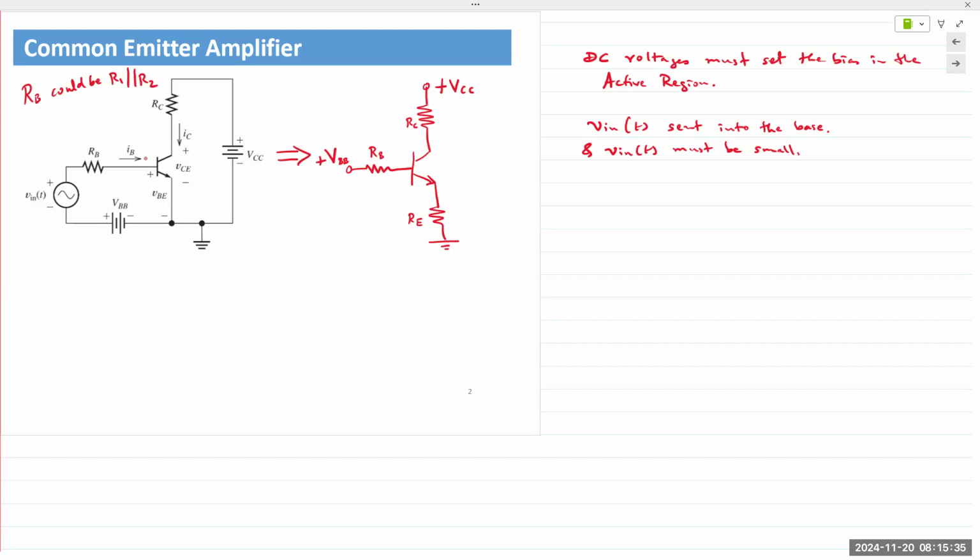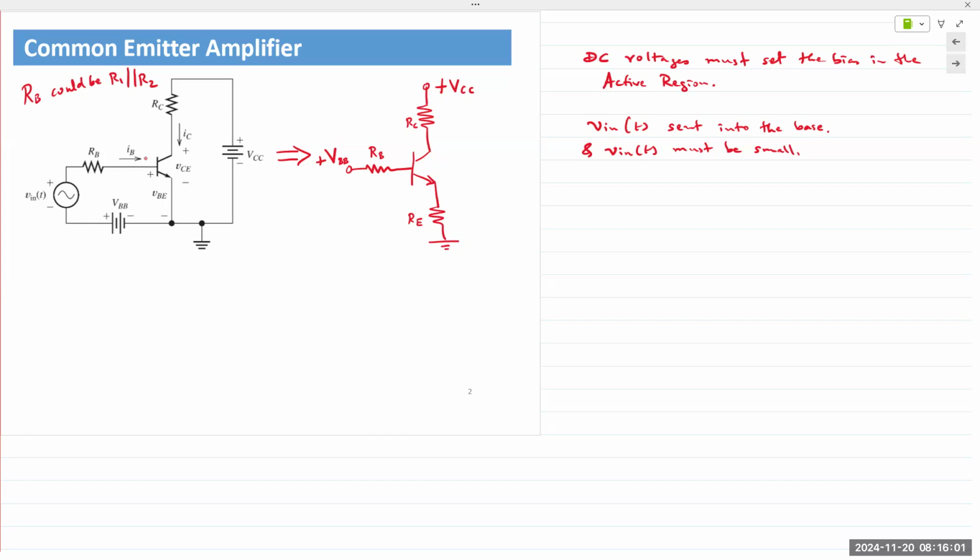The way we can do that is if we model a very small portion of the characteristics. Any nonlinear device can be modeled as a linear device if you take a small enough slice, and then we can assume that that small portion is linear. Hence, we can apply linear circuit analysis techniques to these nonlinear devices.